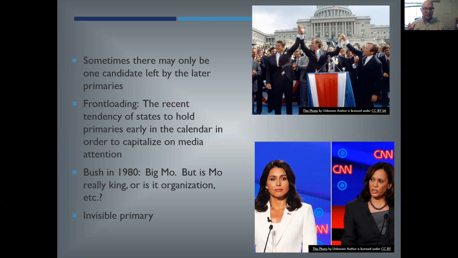So you have the actual visible primary, the elections, the voting and everything, but you have what is sometimes called the invisible primary. Sometimes the phrase is the party decides, meaning party leaders, through endorsements and things like that, clearly direct voters, if not exactly who to pick, at least who not to pick, or they direct them towards 2 or 3 options, okay? And again, 2016, that went out the window.